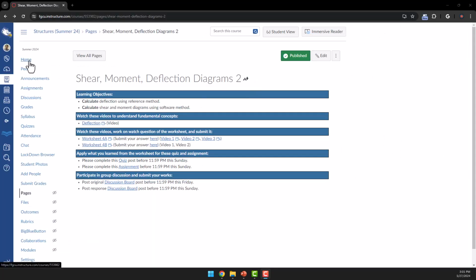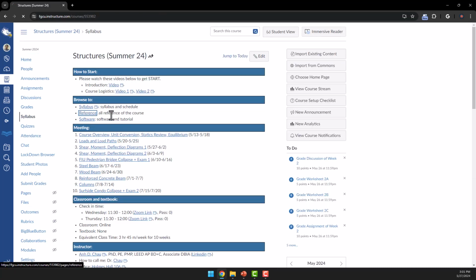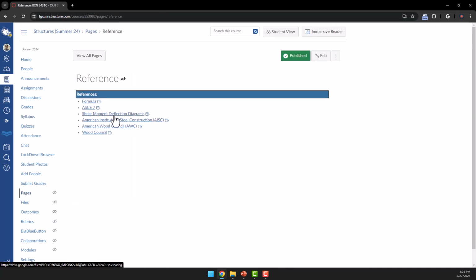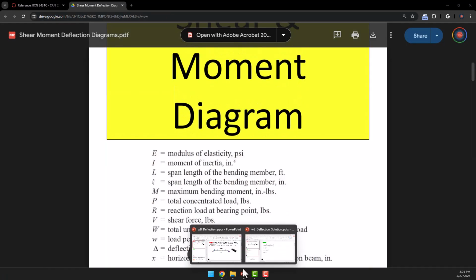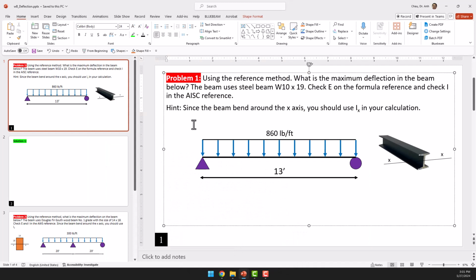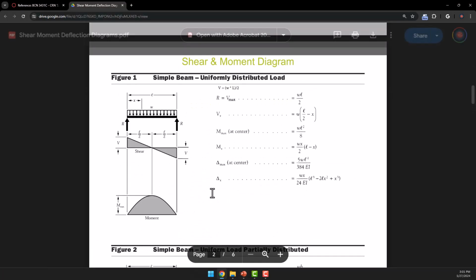So I'm going to go to the home page, go to reference, go to shear moment deflection diagram, and find the reference that is similar to the load diagram we have over here. We have one pin and one roller, and this one is a uniform load.